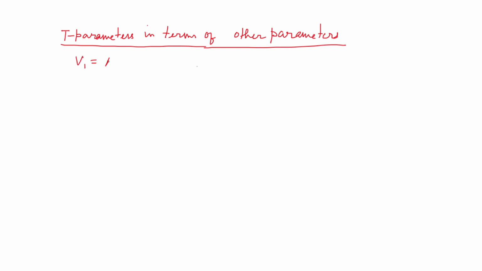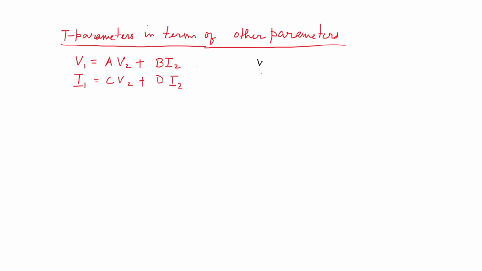V1 is equal to A V2 plus B I2. I1 is equal to C V2 plus D I2. So now let us first establish the relationship between Z parameters, the ABCD parameter with respect to Z parameters.